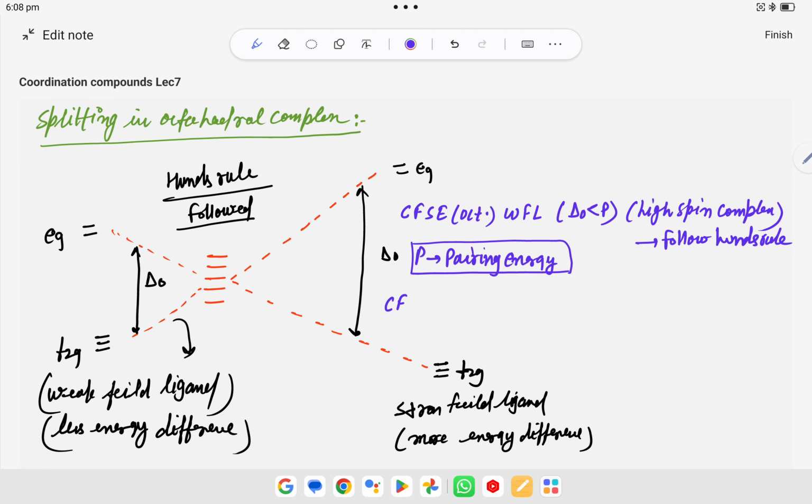So here crystal field splitting energy is equal to 0.6 into A plus B into minus 0.4 delta naught. Here also delta naught. A means what? Electrons in Eg. B means what? Electrons in T2G.